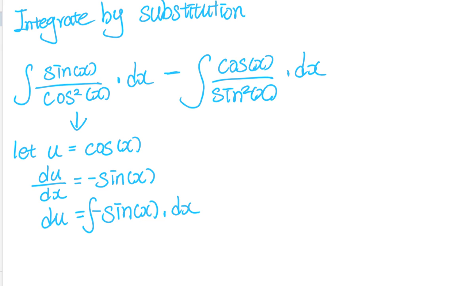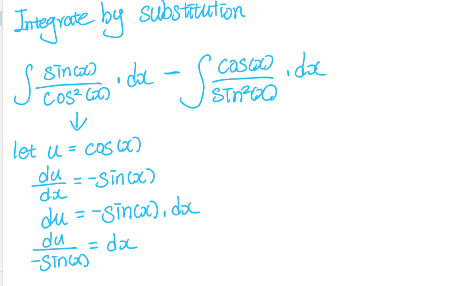That makes sense. So let's take that off first. The next step is to move this negative sine x to the other side. It becomes this, because it's a multiplication sign here. So that gives us dx.